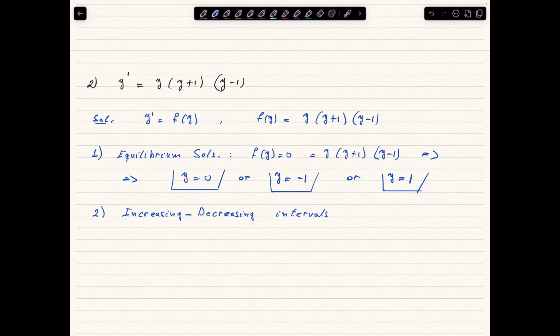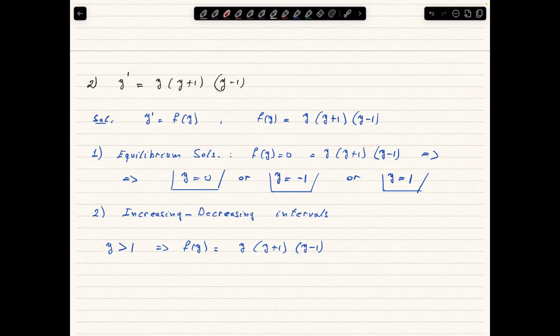So let's start by saying what happens when y is bigger than 1. We are on the right of the largest equilibrium solution. Okay, in that case, f of y, recall f of y is y plus 1, y minus 1.